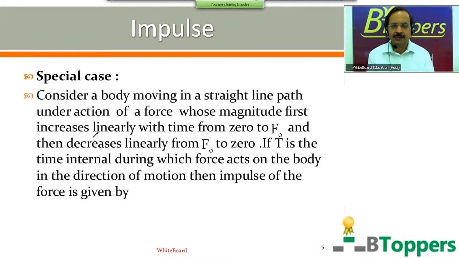If capital T is the time interval during which the force acts on the body in the direction of motion, then the impulse of the force is given by J equals half T F0. Come on, copy down. Those who are writing the notes, they can write this point also.